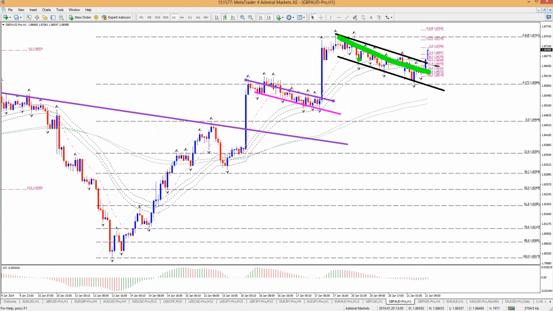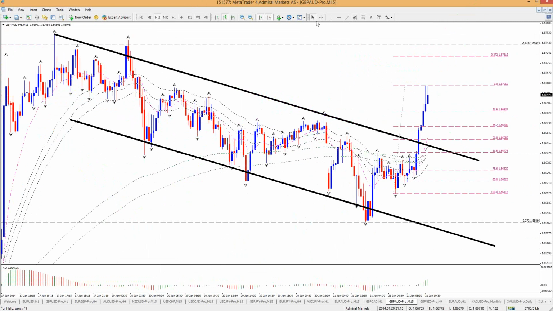It looks like we're breaking this bull flag, so a break, pull back, and go would be good. And I think the pullback would be a good trade. So I do think that makes sense.